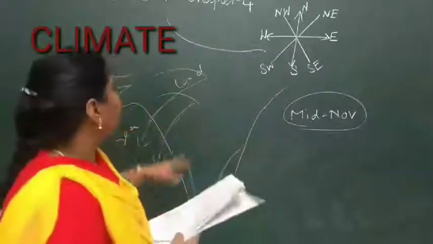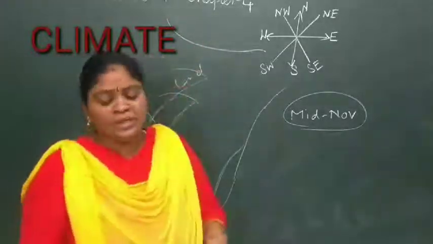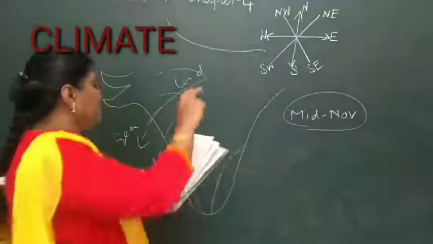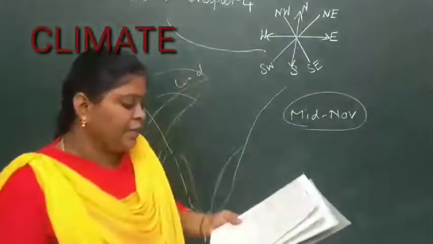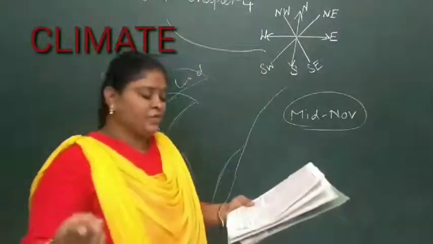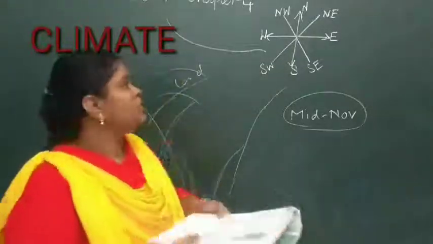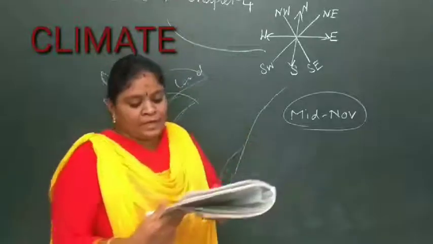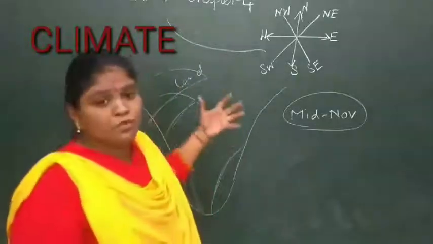Here alone you can find some kind of impact. It is a low pressure system created in the original place of the Mediterranean Sea and the West Asian countries. It starts moving towards India, and along with that you can find the west flowing wind also present.